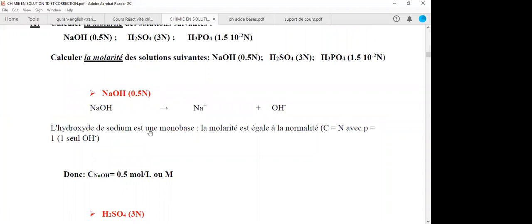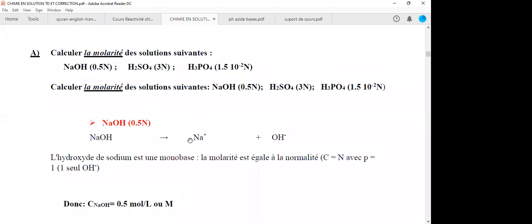Sodium hydroxide is a monobase, meaning that it gives out only one hydroxide ion when it decomposes. So P is equal to 1.